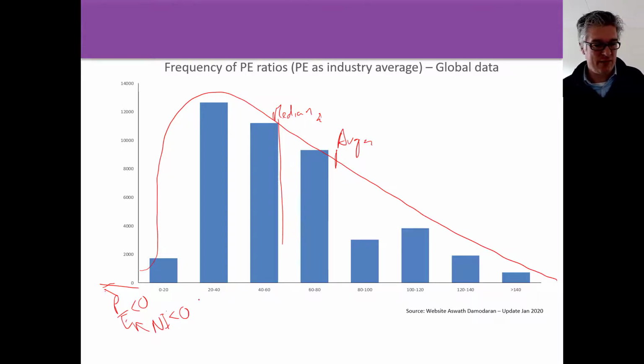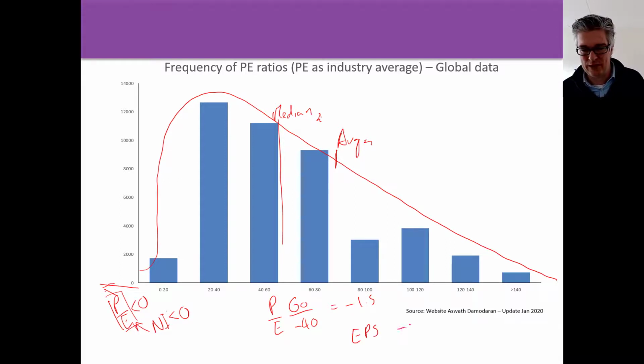Also, if your net income is negative, then it becomes very hard to use this PE ratio to compare across firms. So suppose you find a comparable firm and that comparable firm has a stock price of 60 and earnings per share of, I don't know, minus 40 or so, then this price earnings ratio is now minus 1.5. So if you then find an even worse performance of, let's say, minus 100 earnings per share, does that mean that your price is likely to be 150?